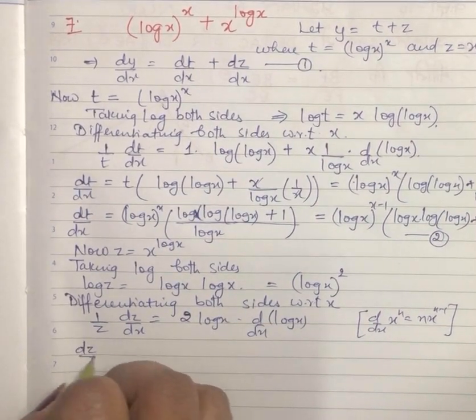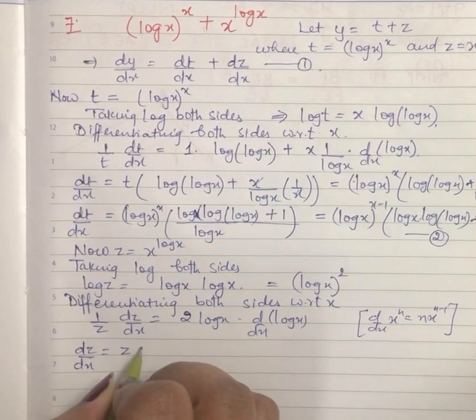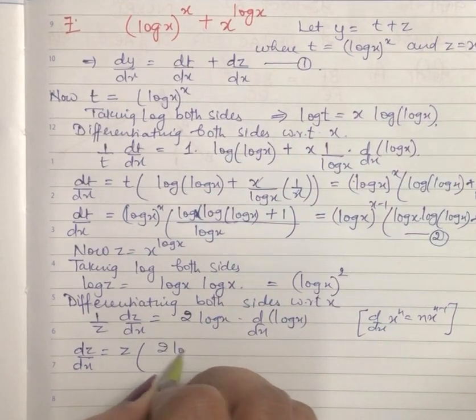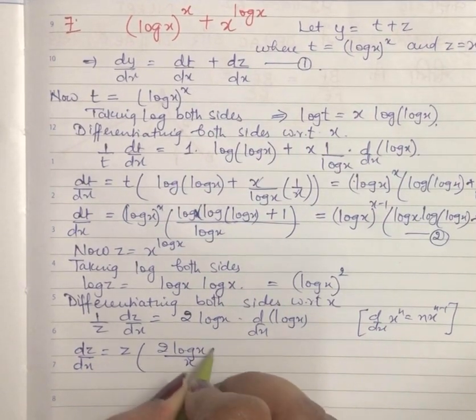So dz by dx becomes, z goes to right hand side, 2 log x upon x.